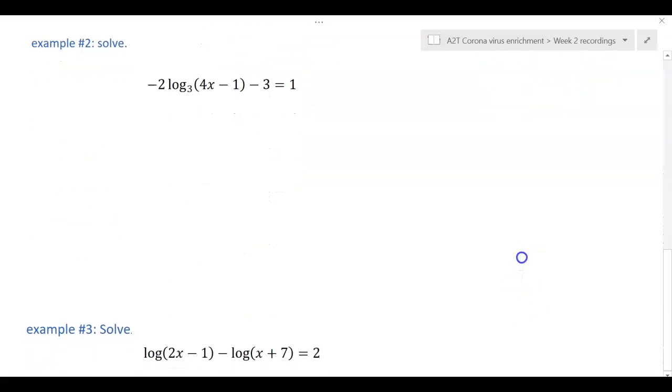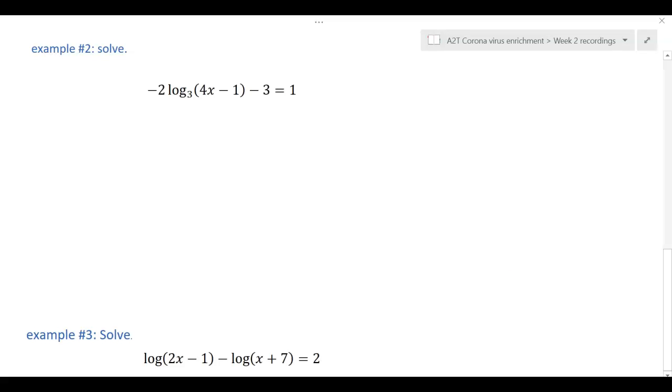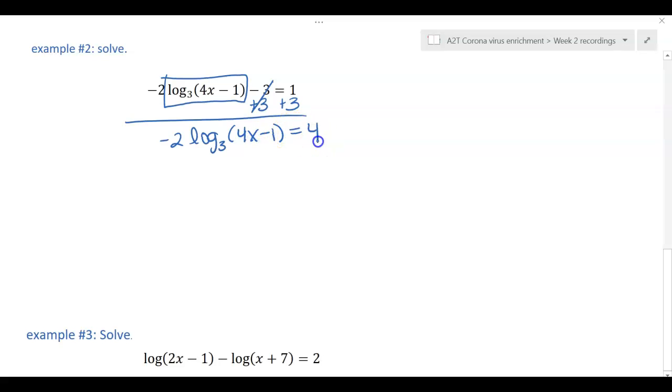All right, so we're going to look at this problem next, example 2. Notice I see the logarithm here. It's a log base 3. It contains the variable inside of it. And then my job is to isolate that. So the first thing I'm going to do is add 3 to both sides. And then I'm going to divide by -2.